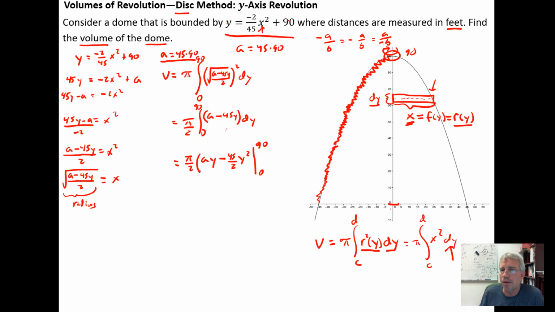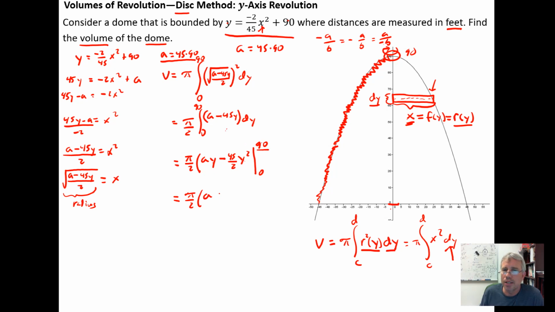So I want to notice if I plug in the lower bound of integration, it's just going to zero everything out. I'll get a times 0 minus 45 halves times 0 squared. So I don't need to worry about the lower bound of integration. I'll just worry about plugging in my upper bound of integration. So this is going to be equal to pi over 2 times a times y.